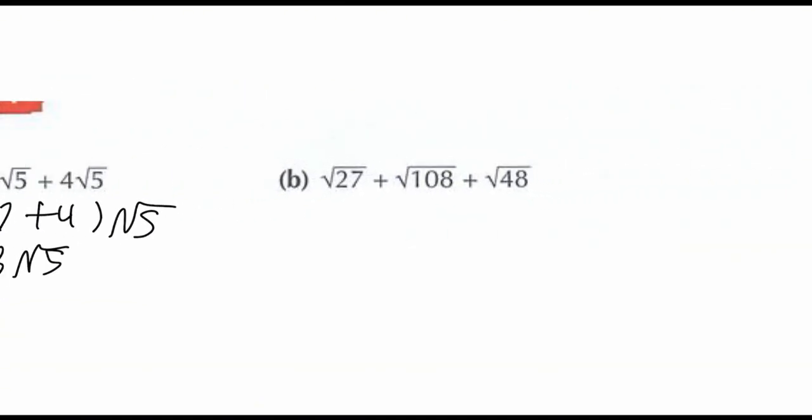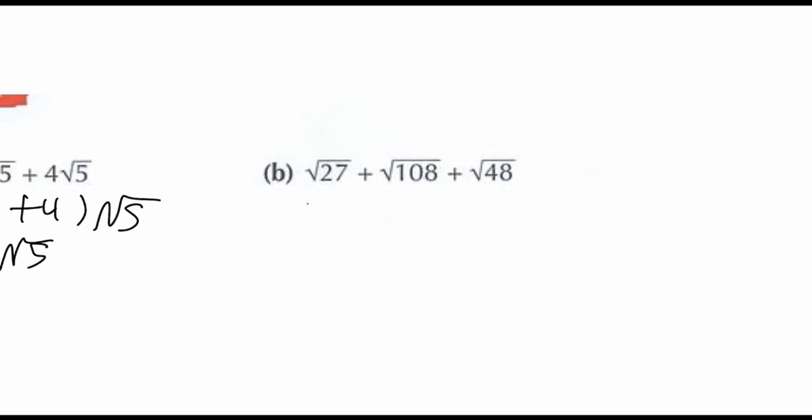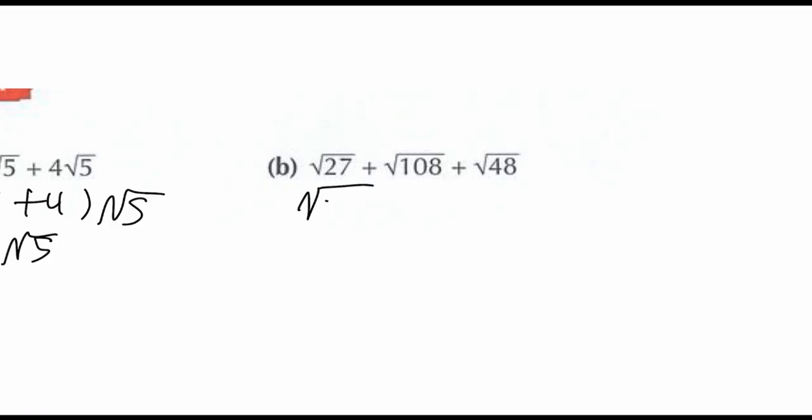And then for B, we would have to simplify these because we can't just add them like this. So we would use the first property of surds, which would be to do this. So 9 times 3 equals 27 plus, that would be 36 times 3.